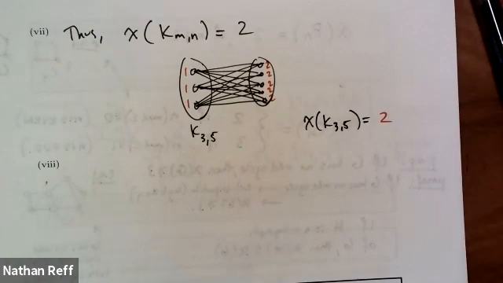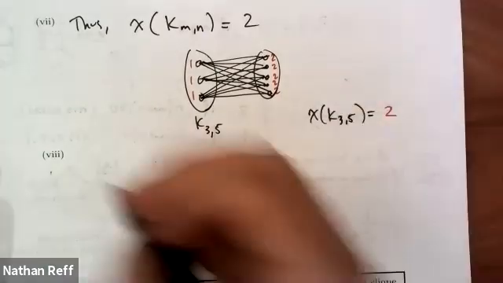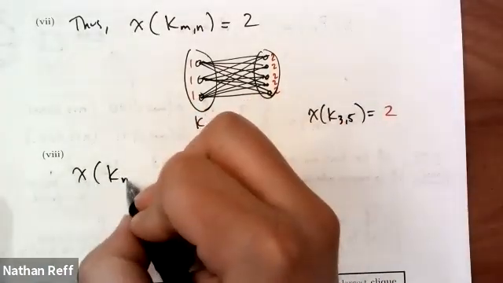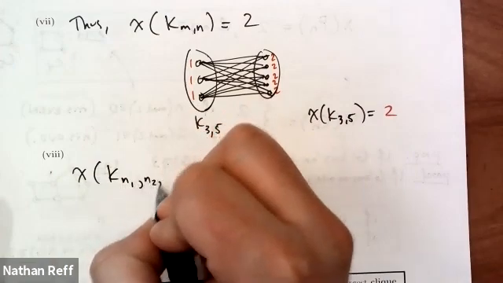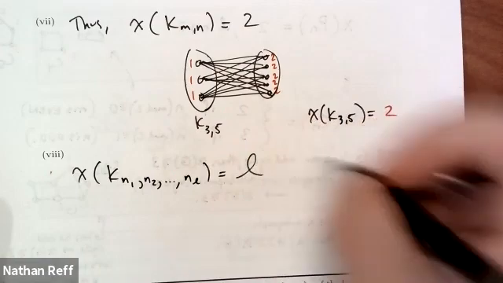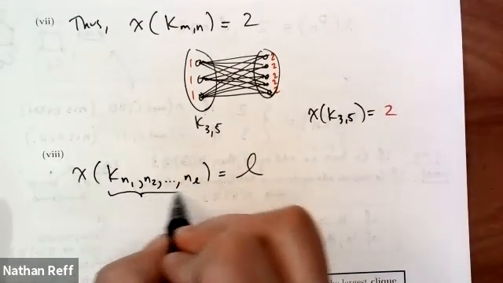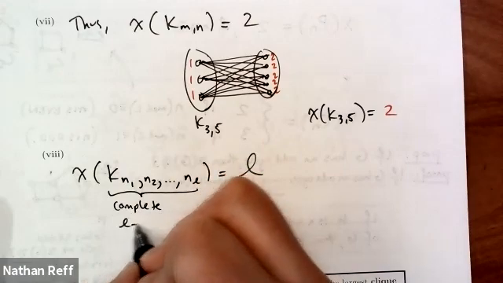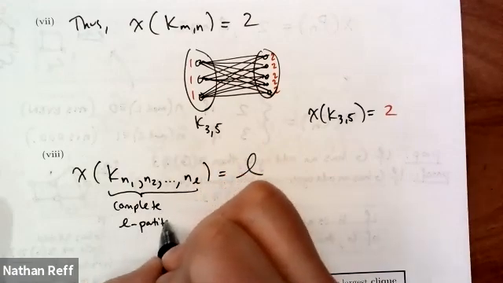The reason is that it's equivalent to showing that the chromatic number would be k. So in general, the chromatic number of K_{n1,n2,...,nl} is equal to l. This thing right here is a complete l-partite graph.